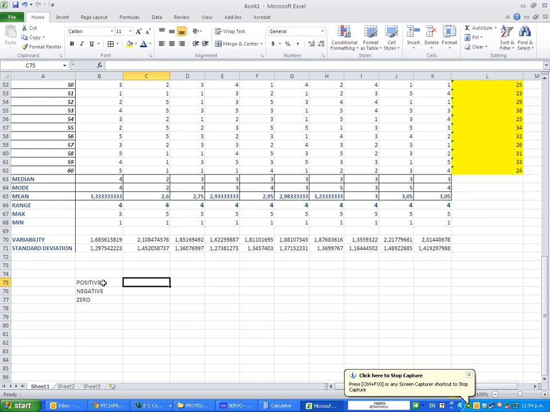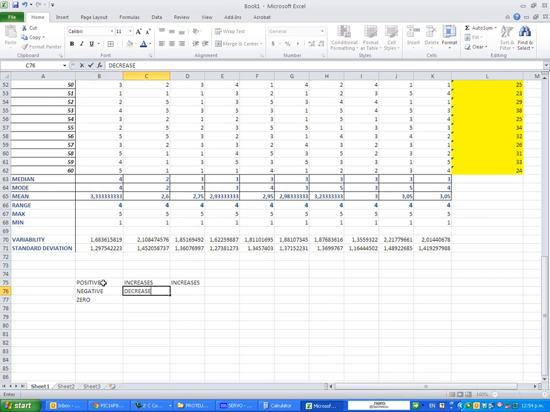Now, the positive correlation is when variable 1 increases and variable 2 also increases. The negative correlation is when variable 1 decreases and variable 2 also decreases. When you see that you have a negative correlation between two variables, you can say that when this variable increases or decreases, the other one has another behavior.